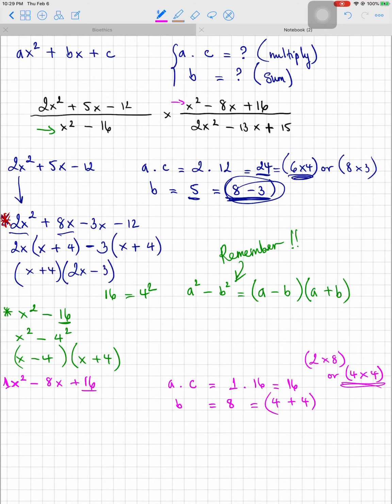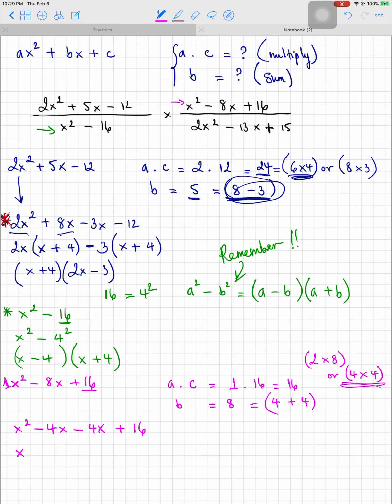So now we're going to rewrite our problem as x squared minus 4x minus 4x plus 16. And we're going to factor it out.